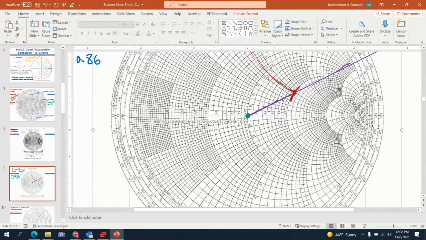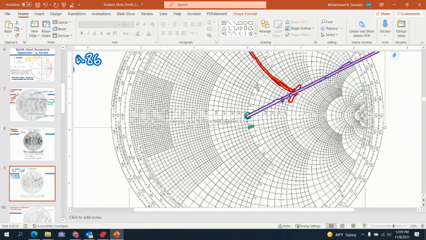I'm sorry, no, this one is 0.9, so this is 1. Then this is 0.8. So the middle of this and that, which is this one, is 0.9. But it is not 0.9, it is 0.86, so it is a little bit this way. Okay.